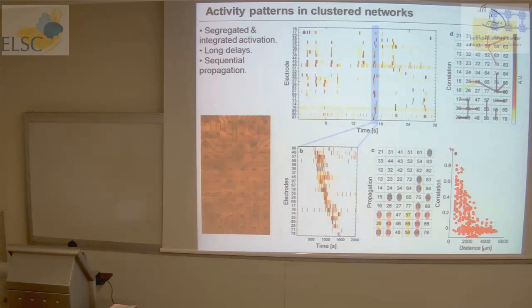So if you take for each one only the most correlated cluster and plot it on physical space, you will always get that the strongest correlation are between nearest neighbors. And again, this is for the same reason, because of the sequential propagation. And if you measure it for all cluster pairs, you'll get this decrease with distance.